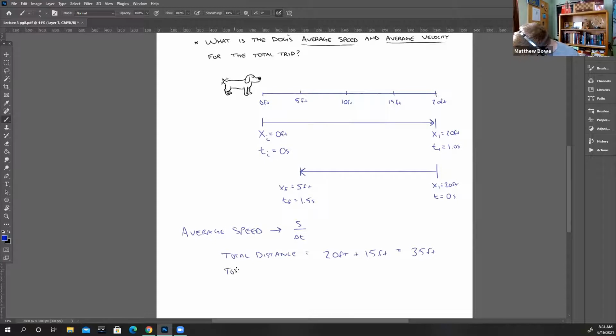Total time is, this is actually delta t, which is change in time, but it's pretty much the same thing. I forgot to give this t sub 1 over here.